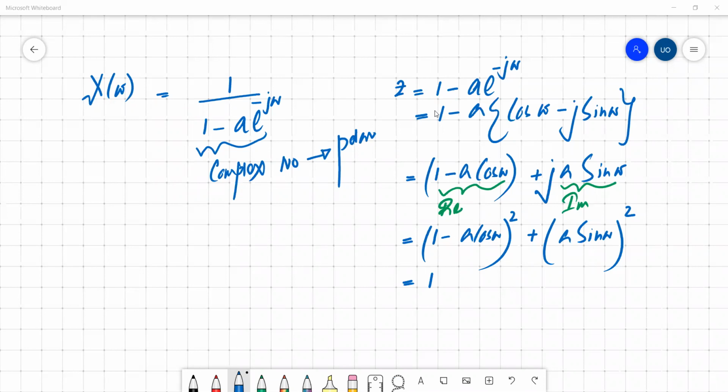Once you derive capital X omega, it's the profile of the Fourier transform. It doesn't need to be converted to X k by substituting, but if you want to make it precise, you can do it. Doesn't matter.